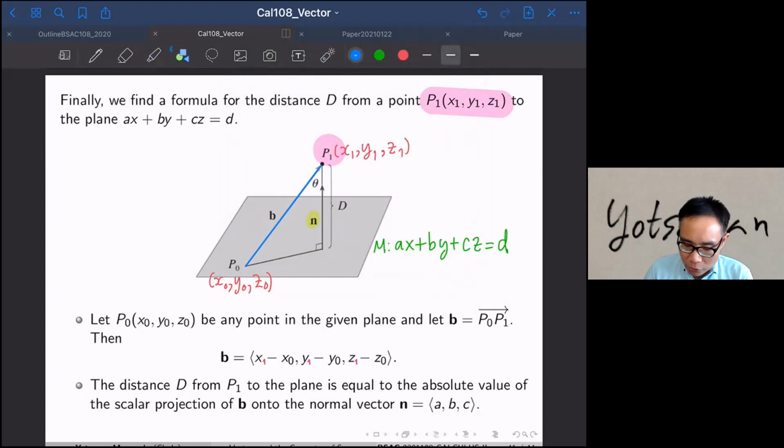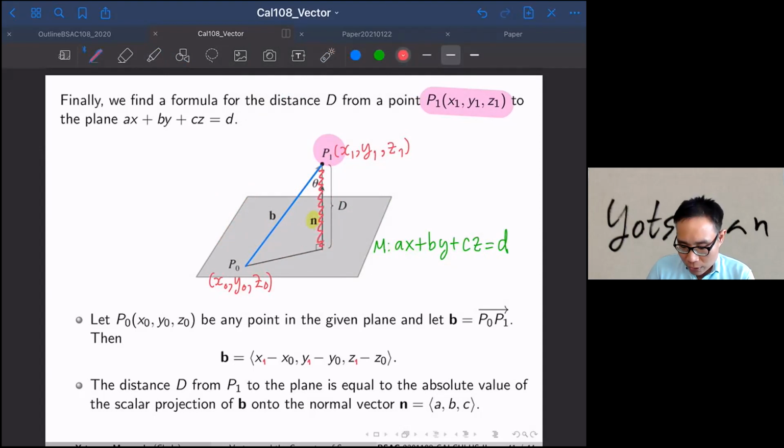We're going to project this vector. If you consider a light here and you project it, you would get the shadow. You would get the shadow here.